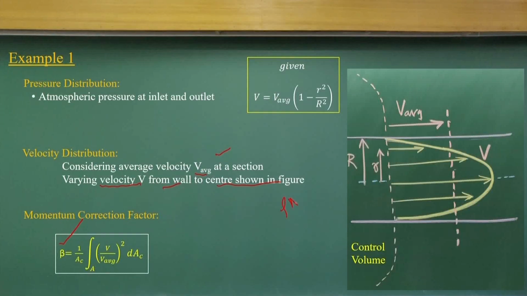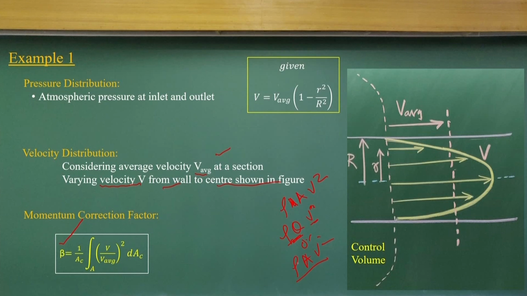Rho A V squared, or rho Q V. Rho Q is the mass flux, and V is the velocity. Mass into velocity is the momentum flux. Rho Q V, or rho A V squared, is the momentum flux.